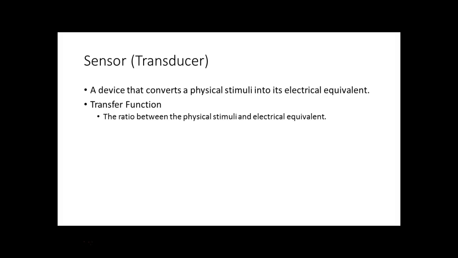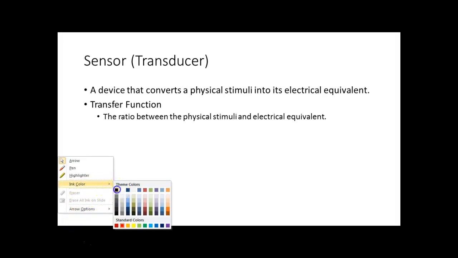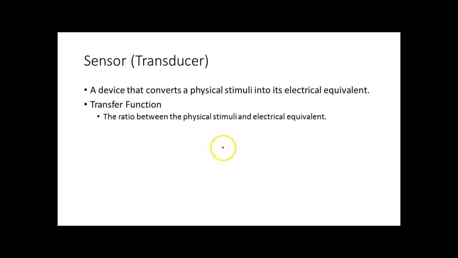But what we do on these transfer functions is, if I had something that's got a linear output, a straight line output, we could literally say, okay, I've got a sensor that outputs 10 volts when it sees 100 pounds. So I'd say 10 volts for 100 pounds, and what would that give me? 10 divided by 100.